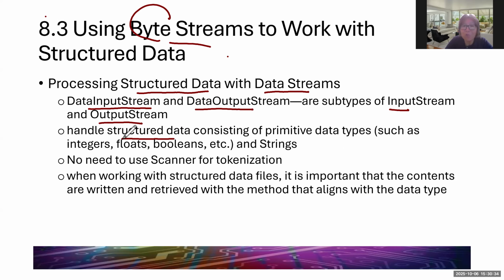They can handle structured data, which consists of primitive data types like integer, float, boolean, and strings. Once we know how to use them to handle structured data, we don't need the scanner for tokenization.